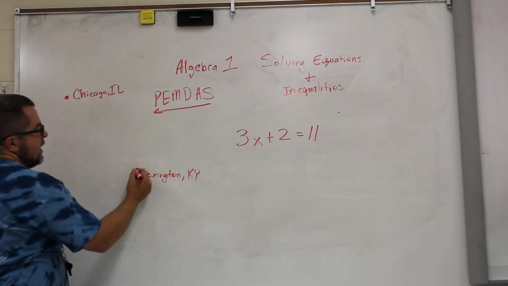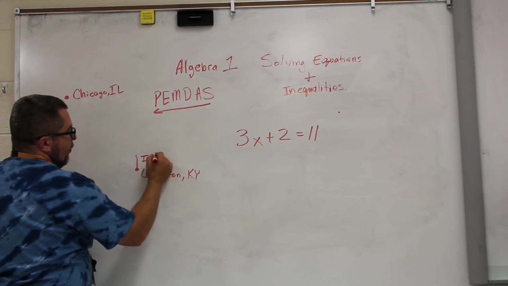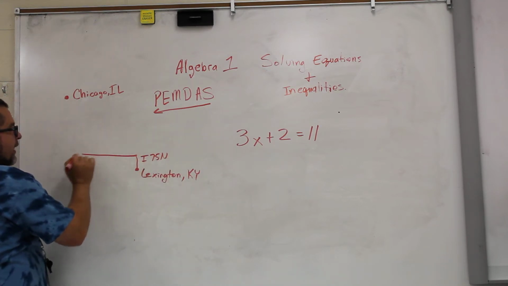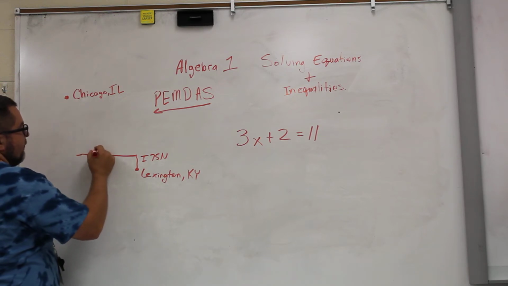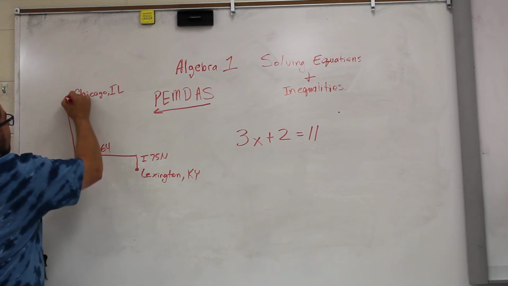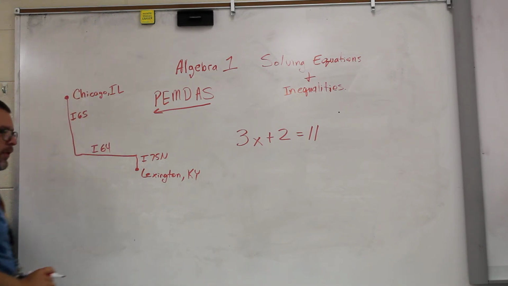The way we would take that trip is you start on I-75 north, and then you go east on I-64, and then you go north on I-65 all the way through Indiana until you get into the Chicago suburbs.